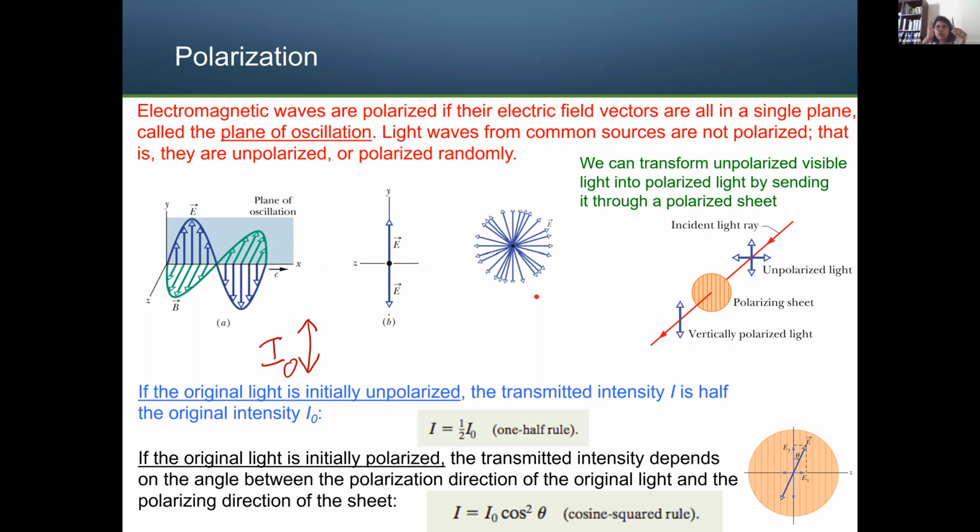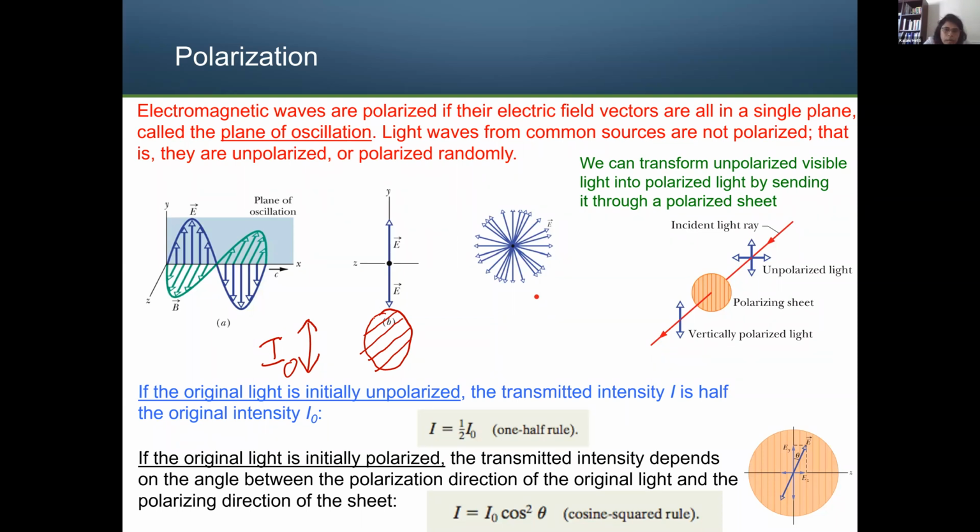So this is my polarized light. This is how I'm going to keep my polarization sheet. I'm going to keep the polarization sheet not exactly parallel. I'm going to keep it with a tilted axis like this, right?